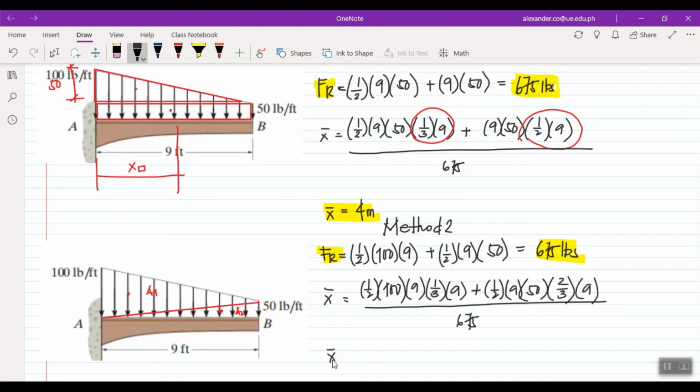I'm just computing, but I'm definitely positive. We have the same answer, equal to 4. So whichever method you like, it's easy.